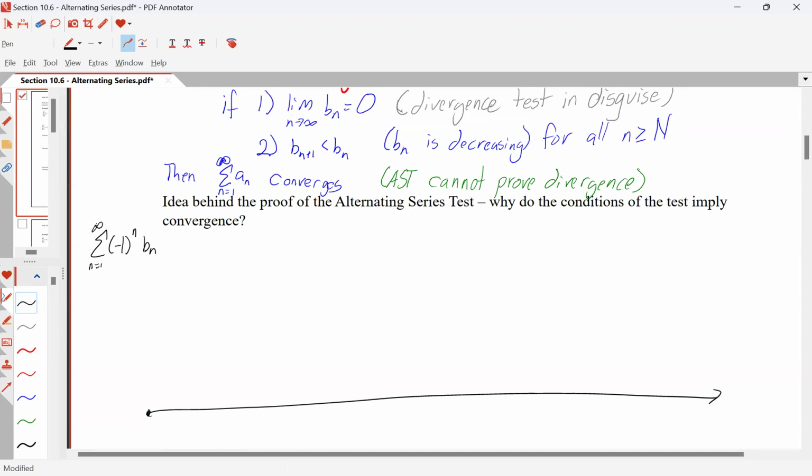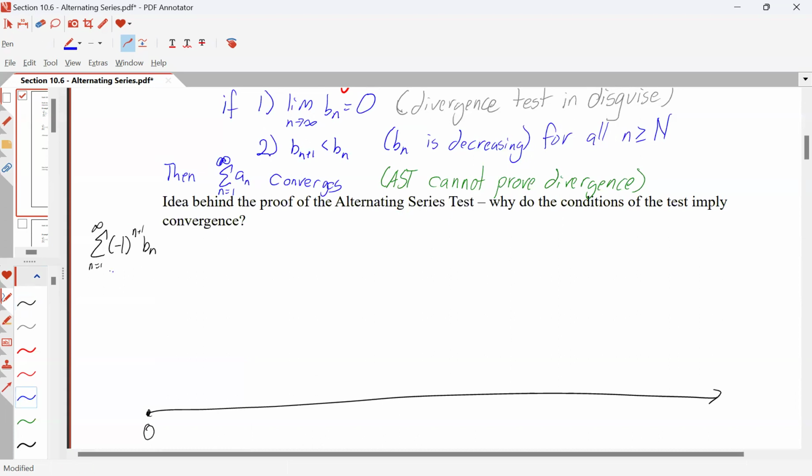We know that we want to look at the sequence of partial sums to determine if a series is converging or diverging.